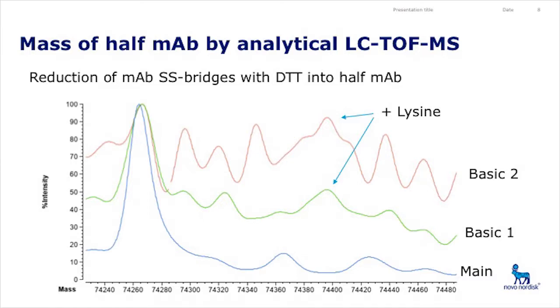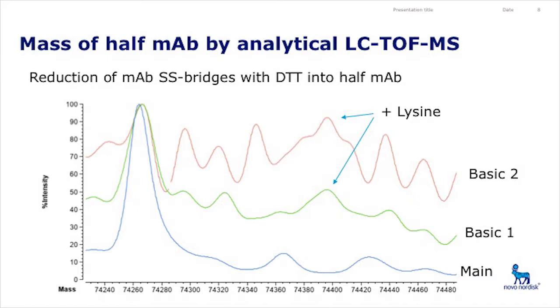After injection for the intact mass, we added some DTT in order to reduce them, and only limited disulfide reduction was obtained. So this resulted in half antibodies, which you can see here. Here we have the main peak, acidic 1, and basic 1.